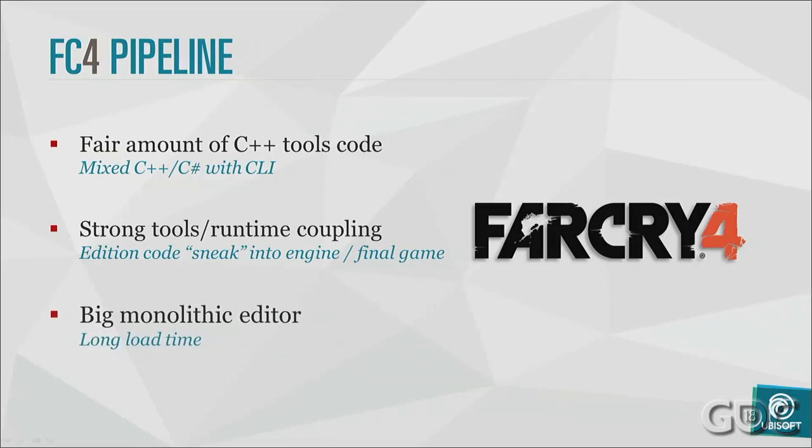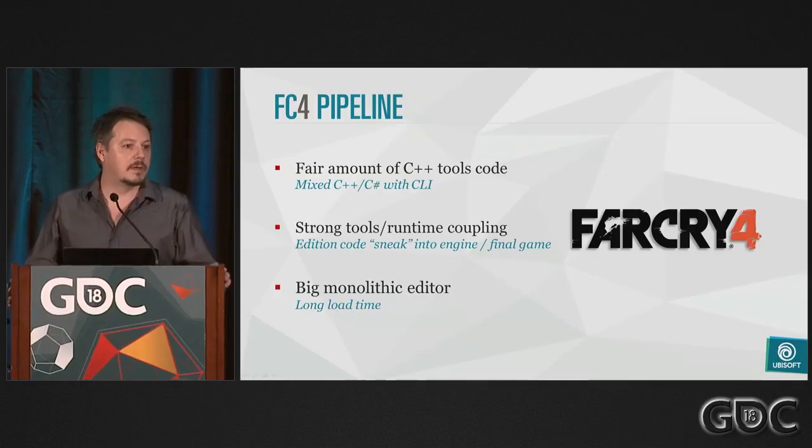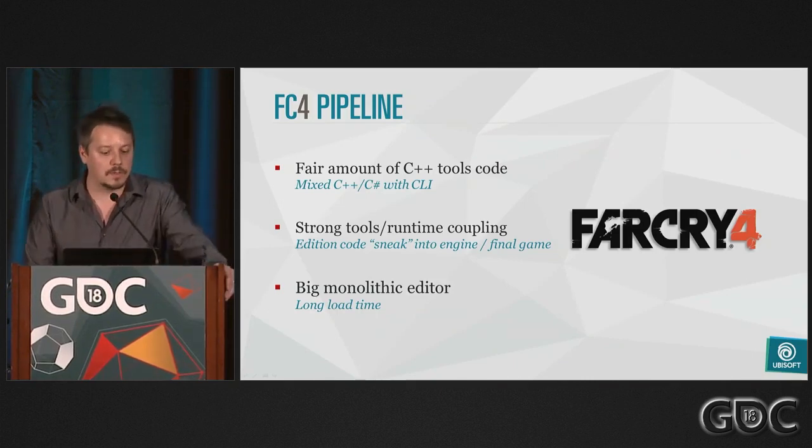And you also produce one big monolithic editor where all the tools are in the same executable. So whenever you want to use one of those tools, you need to load all of them, which is quite a problem. And so we have long load times just to use one tool.